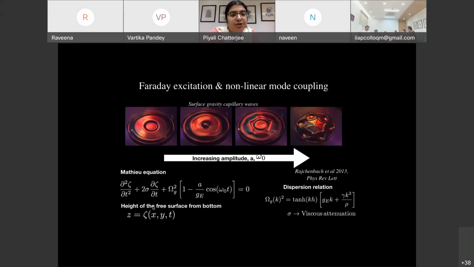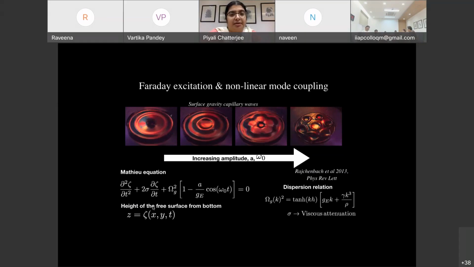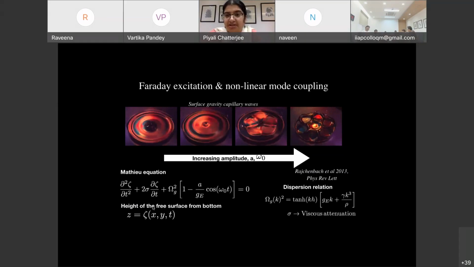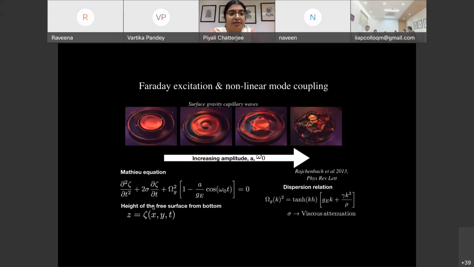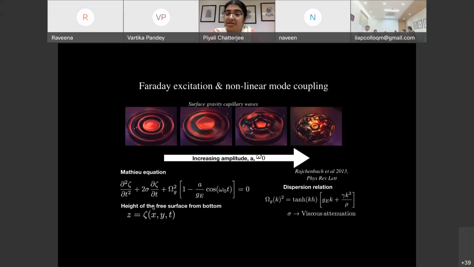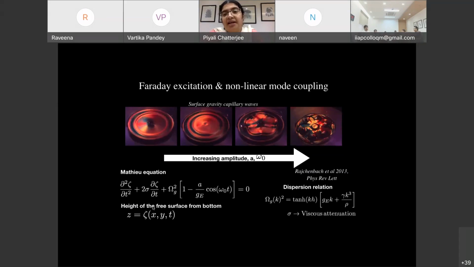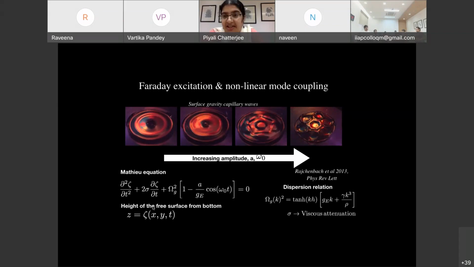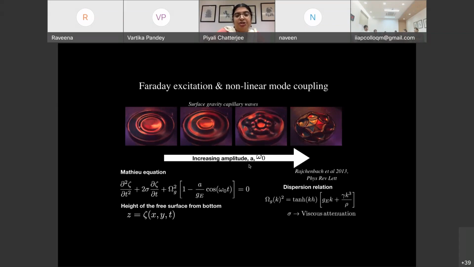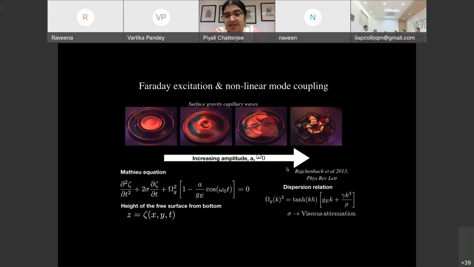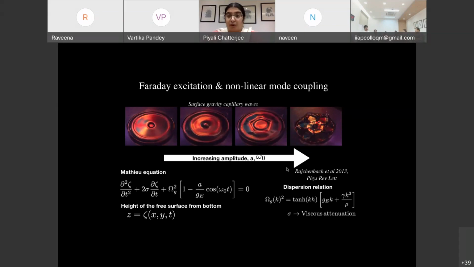What I show here is a series of experiments performed using a Newtonian fluid. A Newtonian fluid is an idealistic fluid in which your viscosity is constant, which means your stresses are directly proportional to the strain rate. So what happens when you increase the amplitude A as well as the driving frequency gradually? Either the amplitude or the driving frequency or both.